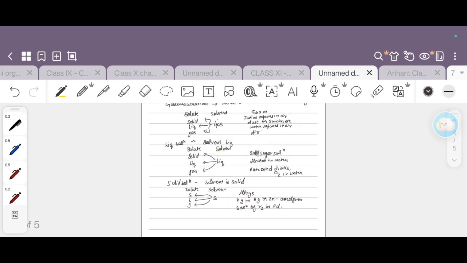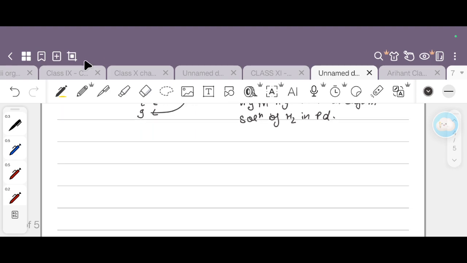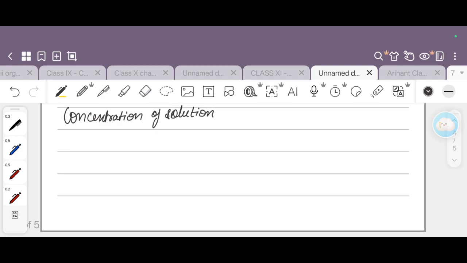Next, we will study in detail the different methods of expressing concentrations of solution. For this chapter we will be using some specific concentration terms.